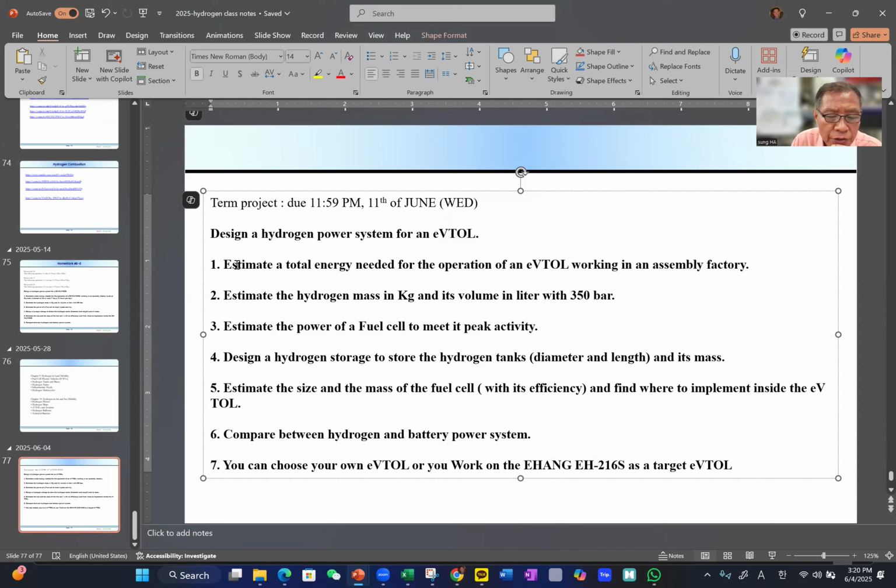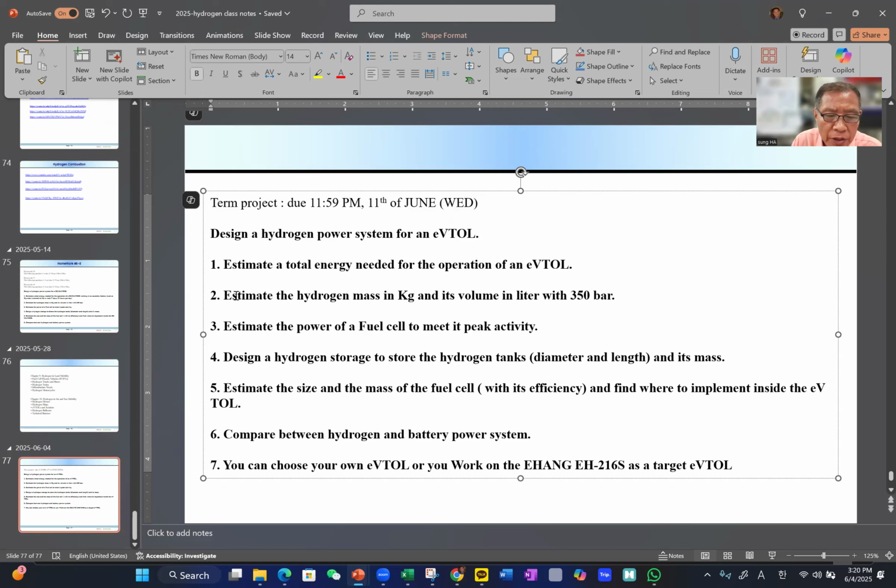So as usual, first we need to estimate the total energy needed for the operation of an eVTOL. We need to define the role of the eVTOL, its specific purpose, what will be the maximum range, and how much the weight and the passengers. So we need to define that.